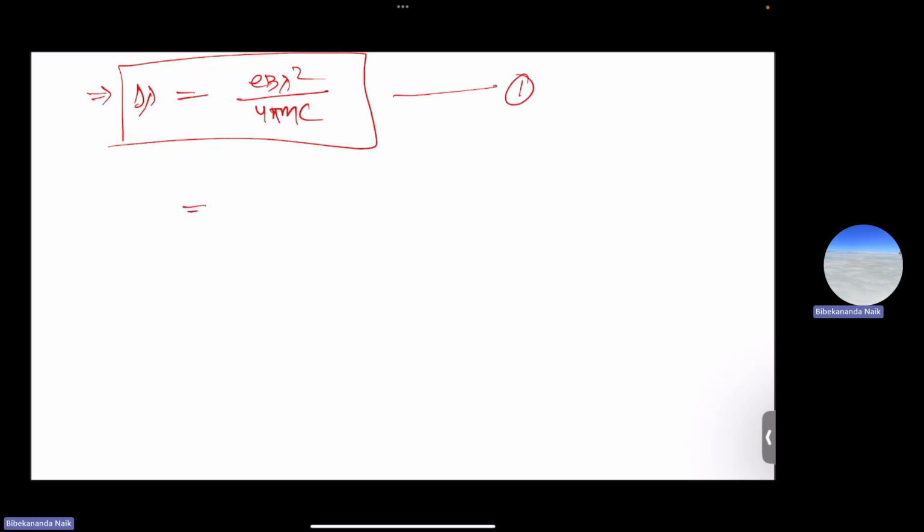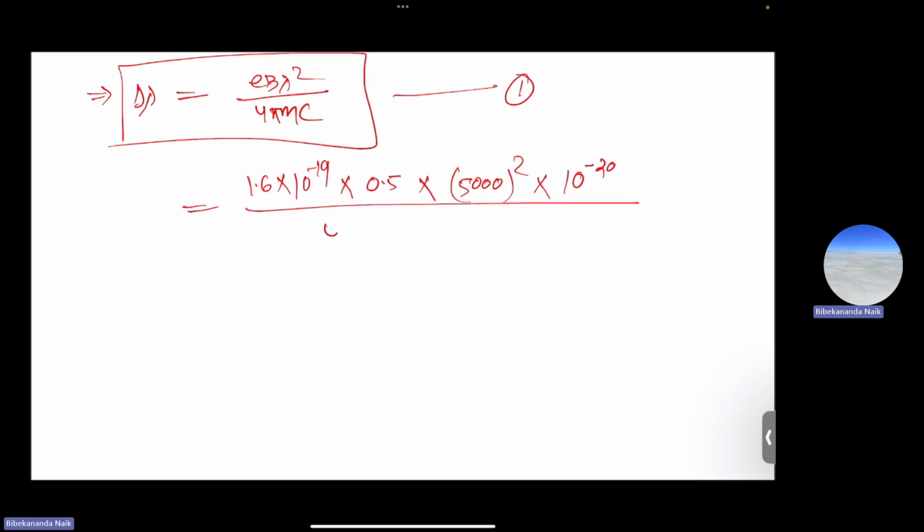From this expression, if you put in the values: e is 1.6 into 10 to the power minus 19, B is 0.5, lambda square is 5000 square into Angstrom, 10 to the power minus 20, divided by 4 into 3.142 into mass of electron 9.1 into 10 to the power minus 31 into c, 3 into 10 to the power 8 meter per second.